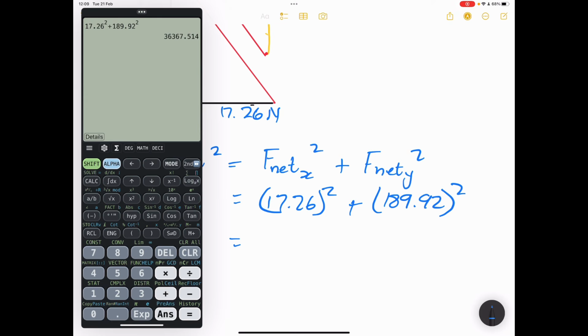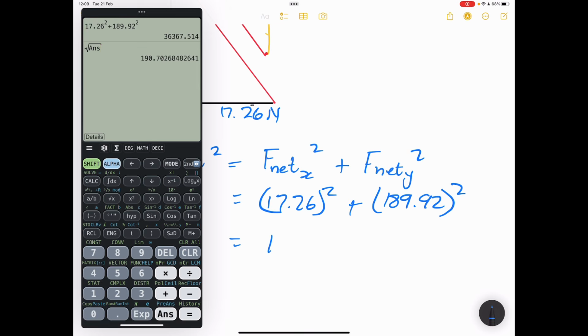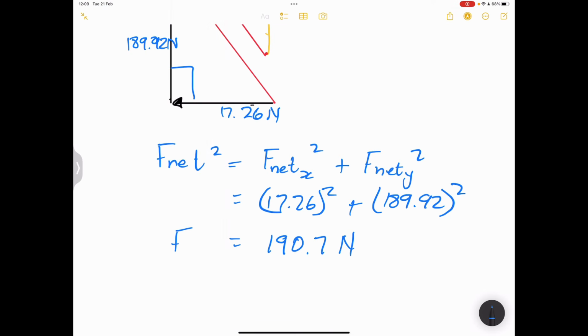And please remember, we need to take the square root of that, so we say square root of our answer. So our net force is 190.70. Okay, I'm going to leave it as 190.7. That is the value of our F net.